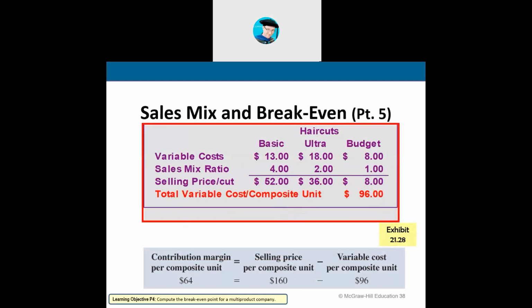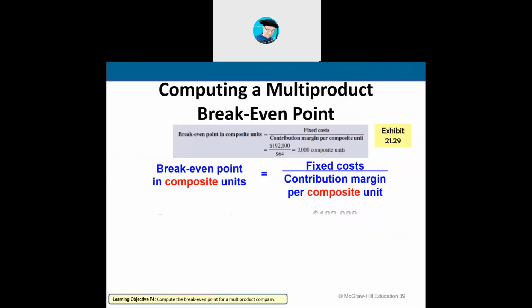Then I find my variable cost for the whole company for each different type of haircut I'm offering, $96. So your sales price composite, adding it across all different types, minus variable cost composite, adding across all different types, equals my contribution margin composite for all different types. When you hear composite, think of all the different types of products that you're selling added together.